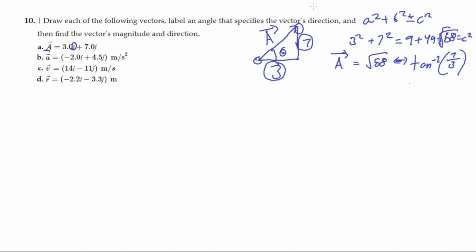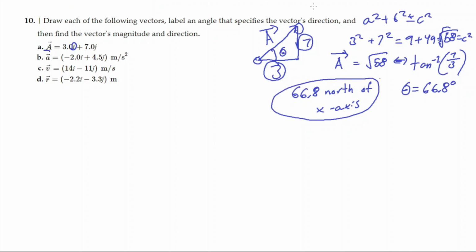That would give us theta. If you plug that into a calculator, you're going to get theta is equal to 66.8 degrees. And so we could say 66.8 degrees north of the x-axis. That is the direction of vector A, and the magnitude of vector A is radical 58. And now let's look at lowercase a, or rather acceleration.